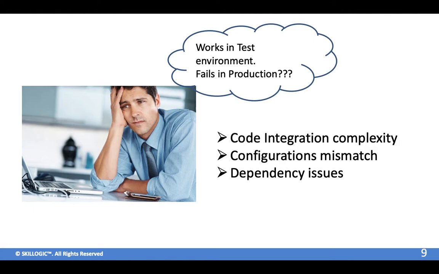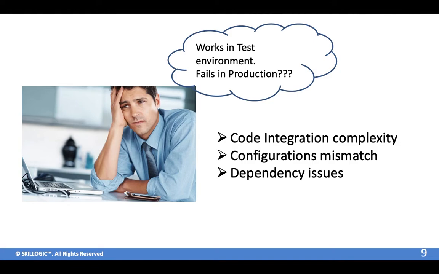There are other problems like code integration complexity. So if many developers are working in a development environment to develop a piece of code, it becomes a bit complex to make them work together. If they all isolatedly develop a piece of code and try to integrate, the integration becomes a huge task, right? Sometimes the code is not aligned, there are some duplicates or conflicts in the code.